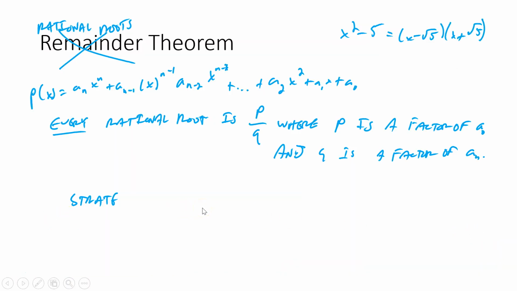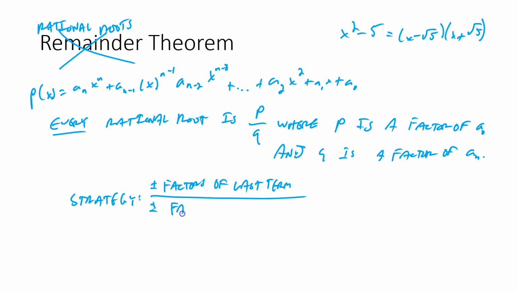Sorry about that. So the strategy we're going to use here is we just list all of the factors of the last term. And we always have to do plus or minus on each one of those. And we divide by plus or minus the factors of the first term, the leading coefficient.